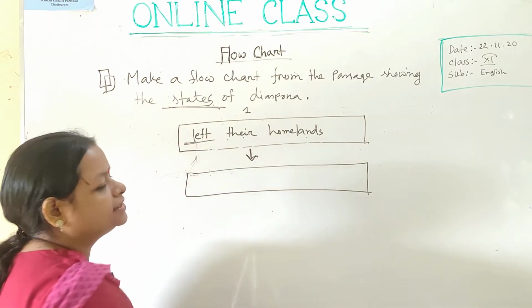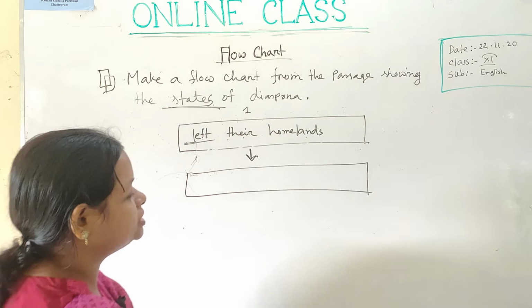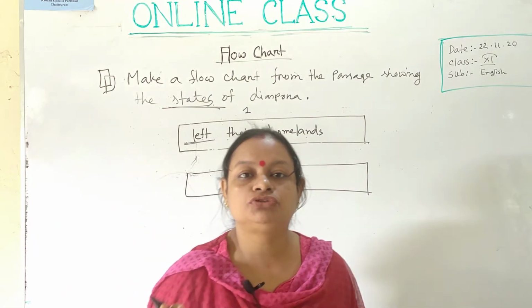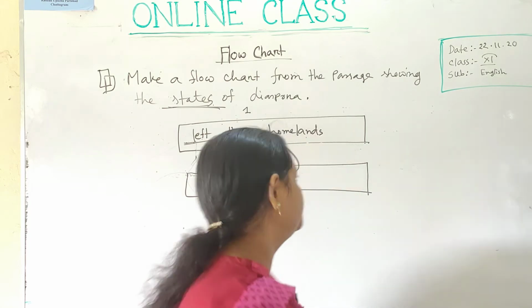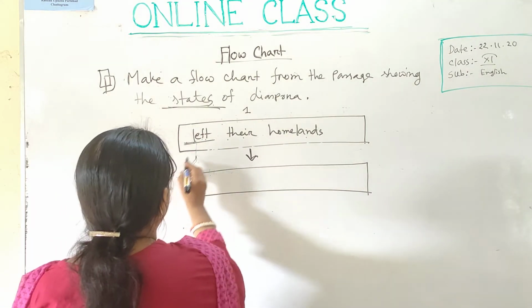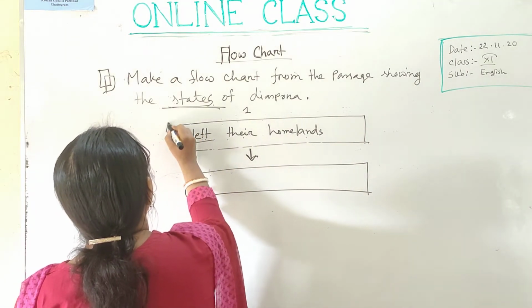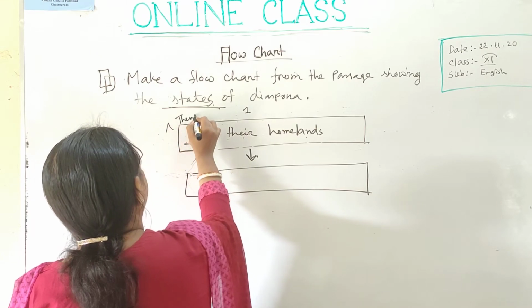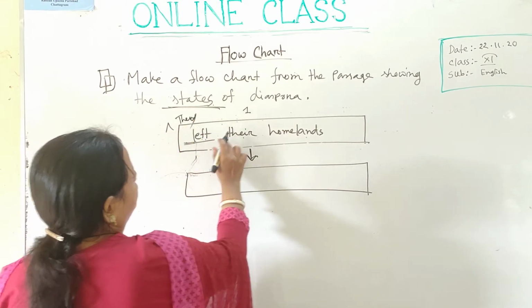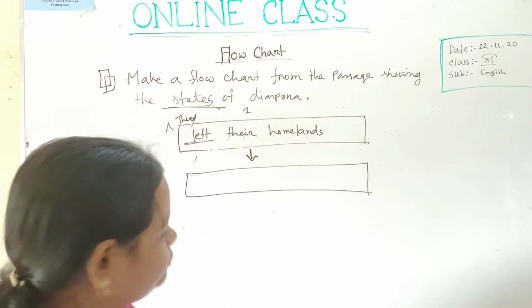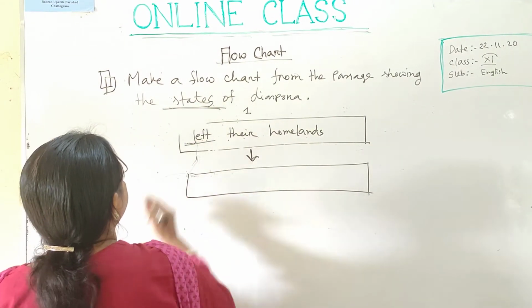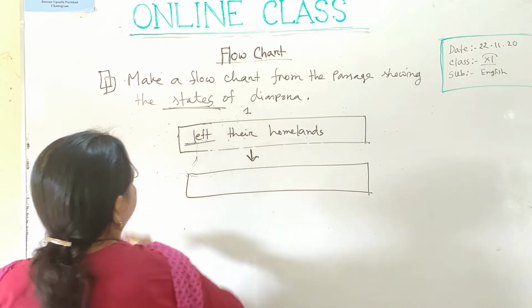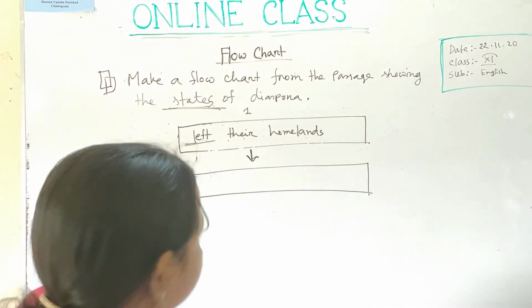This phrase is used by omitting subject. I showed you 3 ways: verb plus ing, to plus verb, omitting subject. Here there is a subject, they left their homelands, but they are not given here, so it is silent here and omitted.